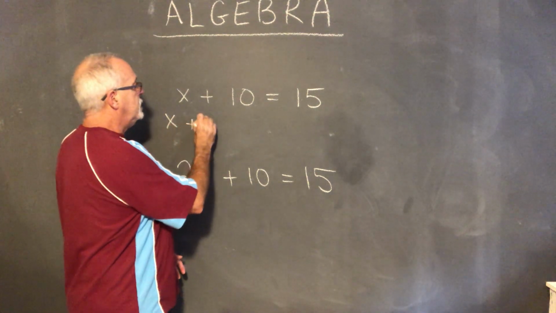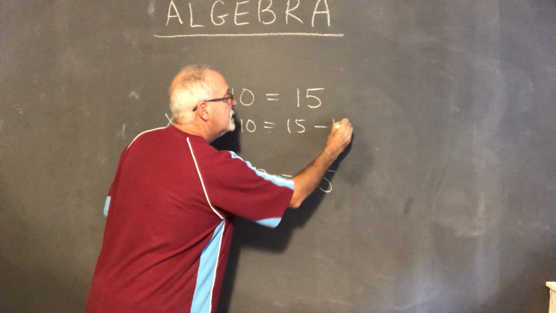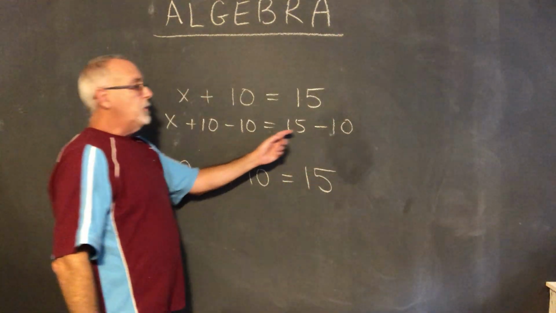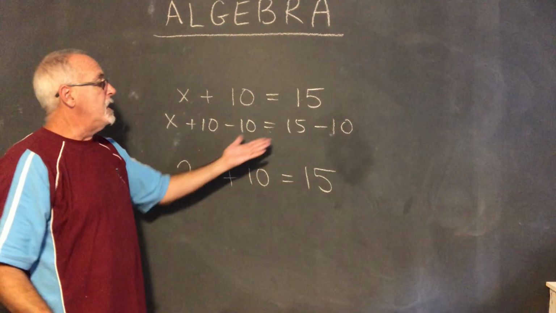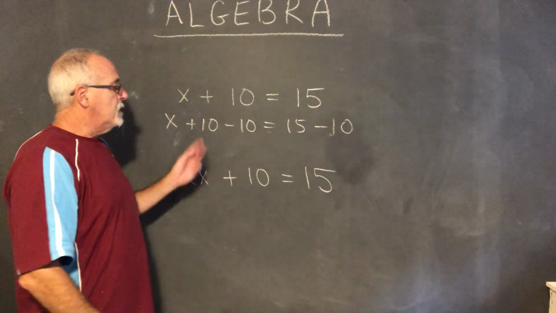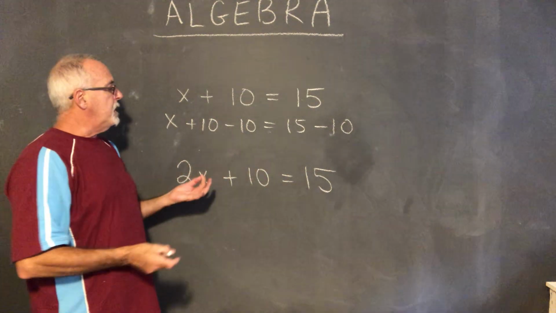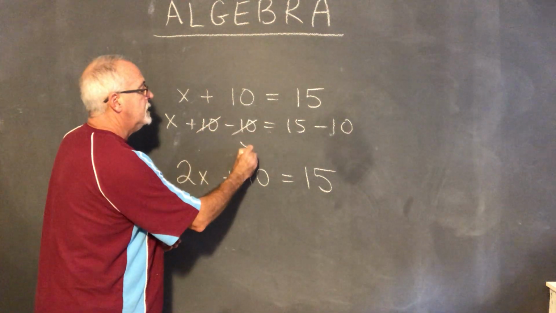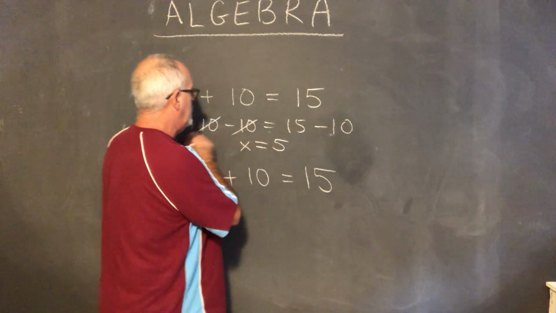So I can write x plus 10 minus 10 equals 15 minus 10. What we do on the left side, we have to do on the right side, so we can subtract a 10 from both sides of the equation because that means it's really the same equation, as long as what you do on the left side, you also do on the right side. You have a lot of flexibility with algebra. These cancel. X is now alone, it's isolated, and 15 minus 10 equals 5. We have our answer.